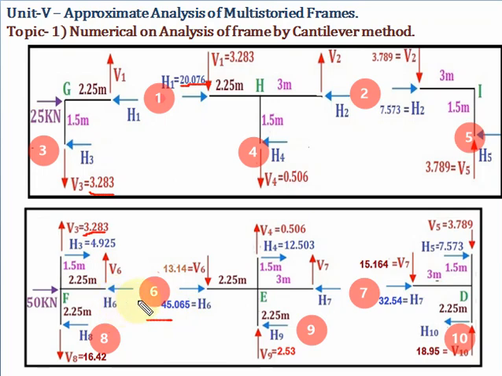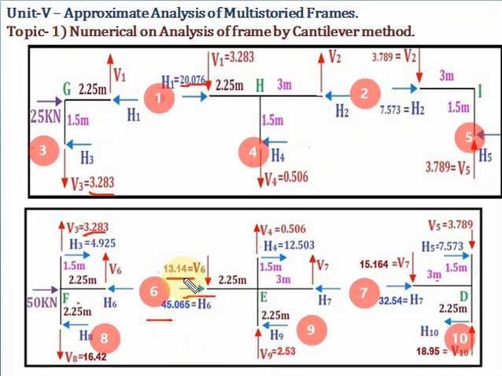The force H6 is acting towards the left side for joint F, and for joint E it is acting towards the right hand side. So it is equal and opposite. V6 also for joint F is acting upward, and for joint E it is acting downward. But the value of force is the same, that is 13.14.